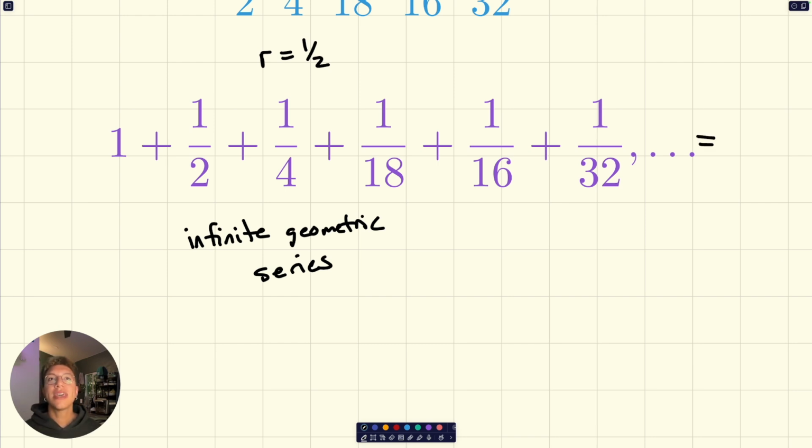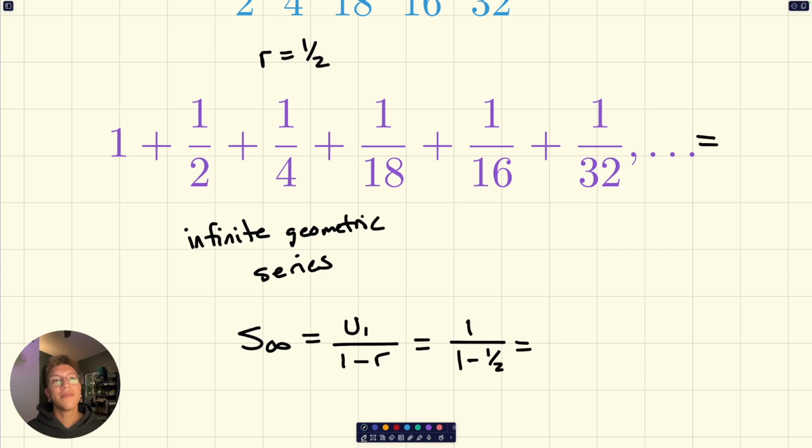It seems kind of surprising, but if we add an infinite number of terms, it actually gives us a finite sum, which is pretty cool. There's this formula: the sum to infinity is equal to the first term divided by 1 minus the common ratio. For this series, our very first term is 1, and our common ratio is 1/2. If we put all that together, we get 1 over 1/2, and so the sum of all of these numbers to infinity is 2.